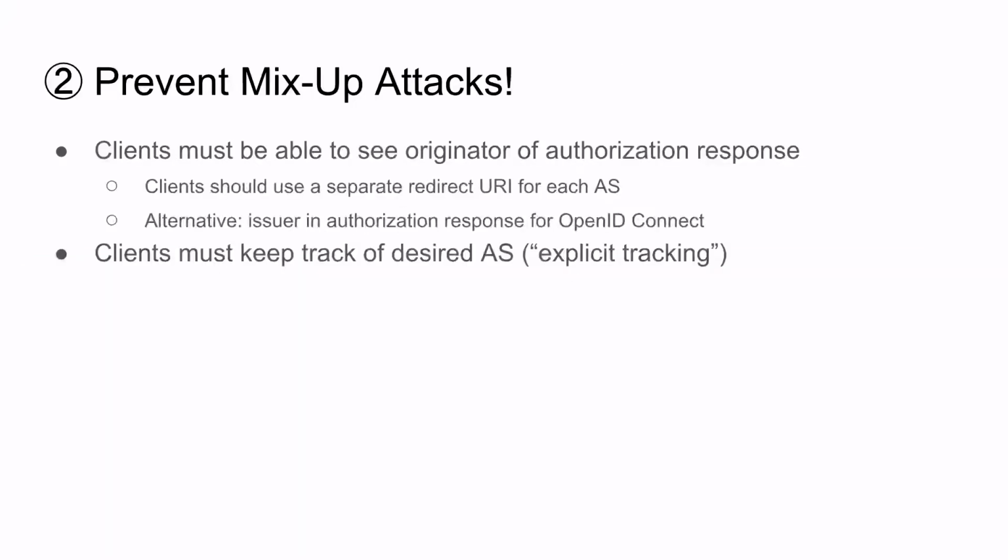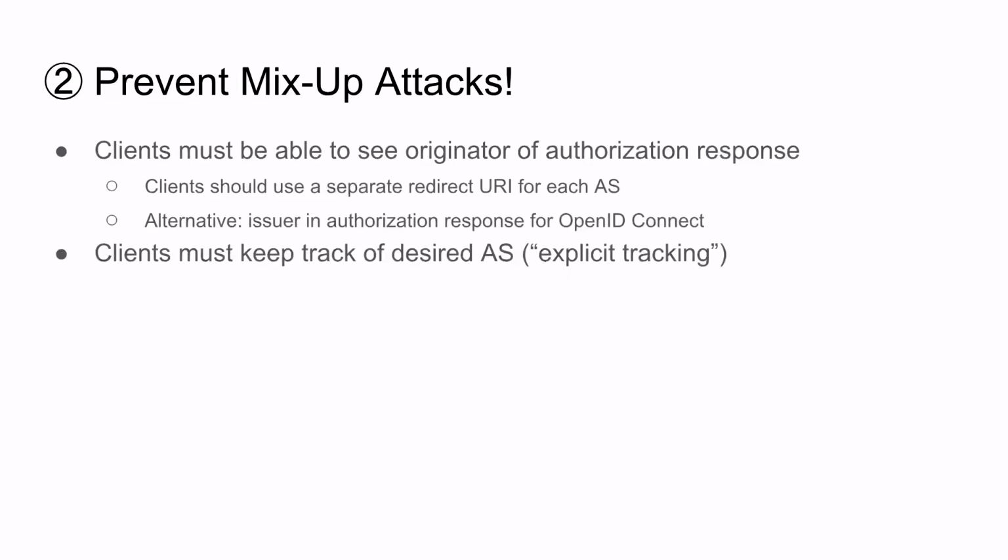Second one, prevent mix-up attacks. We have seen not many details about the mix-up attack, but it's very simple to defend against the mix-up attack. The client must be able to see where the authorization response came from. And this is simple to accomplish. The client needs to ensure that for every AS it is using, the AS uses a different redirect URI.